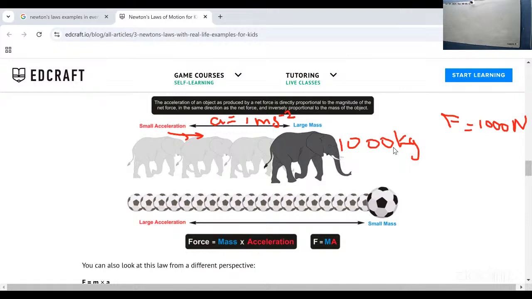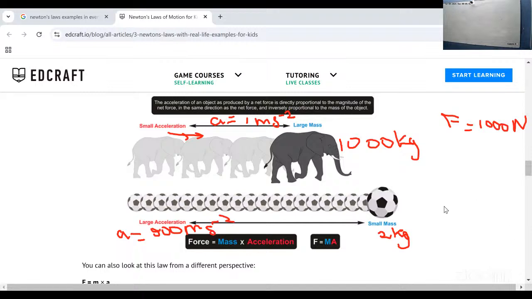Let's look here now. Let's say we have a small mass, about 2 kilograms. But we hit this ball real hard, so it has a large acceleration. Let's say the acceleration is 500 meters per second squared.